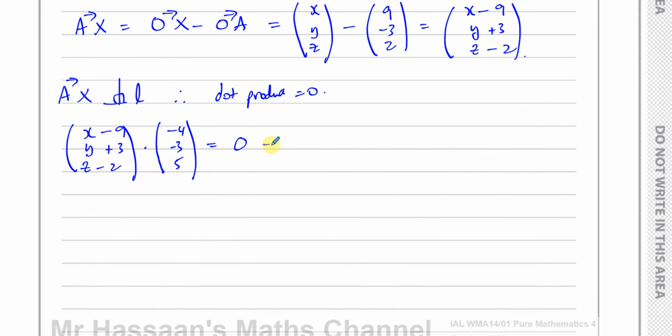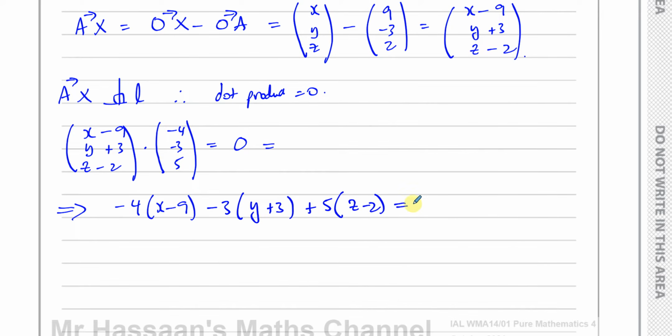So this leads us to an equation. We're going to multiply x minus 9 by negative 4, so minus 4 times x minus 9. And then you're going to have minus 3 times y plus 3, and plus 5 times z minus 2. I know all of this has to equal 0, so let's expand and simplify this.